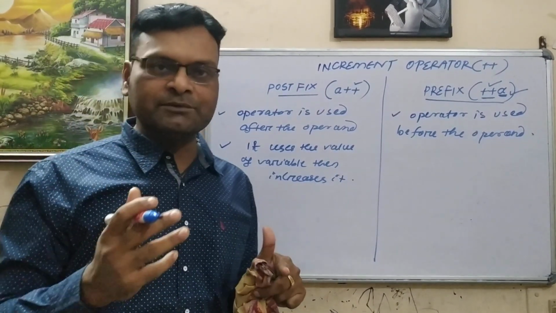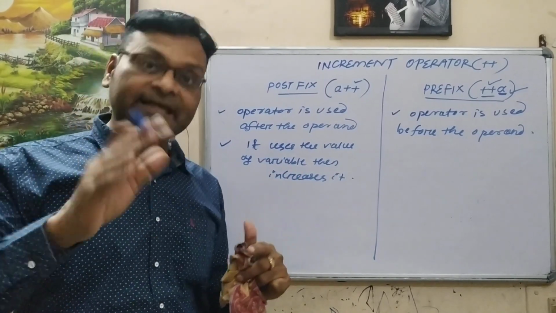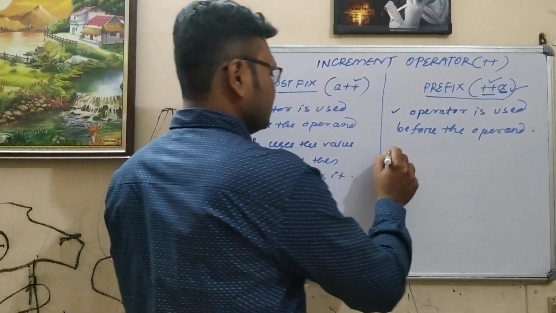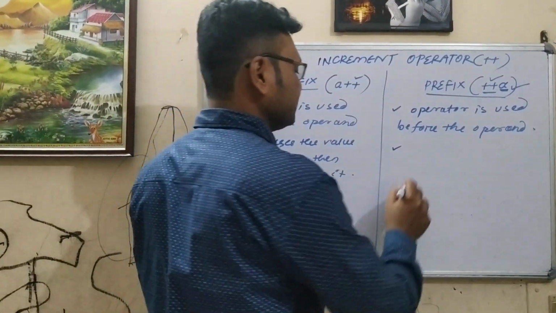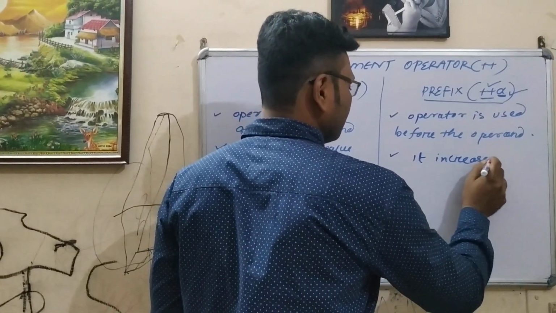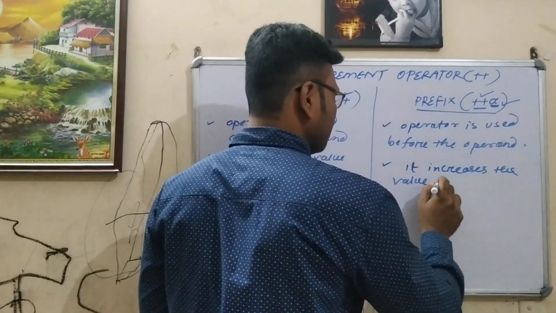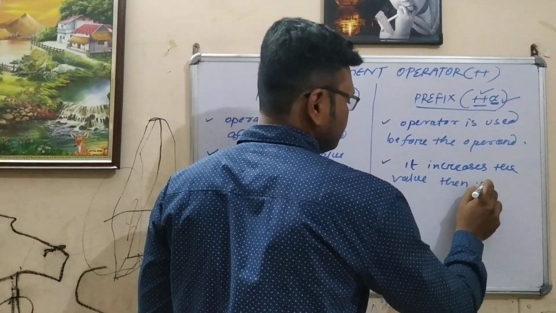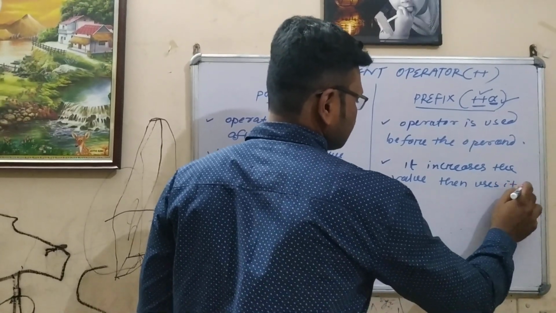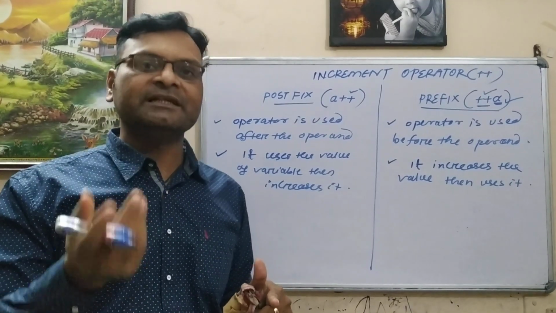First it will use the present value of variable a, then it will increase it. On this side, in prefix, it increases the value, then uses it. First it will increase the present value of a, then it will use it.